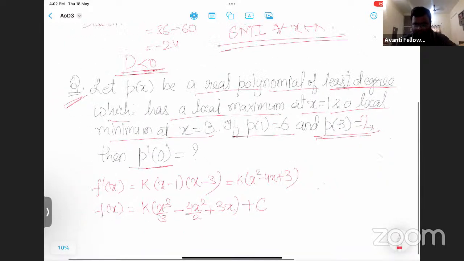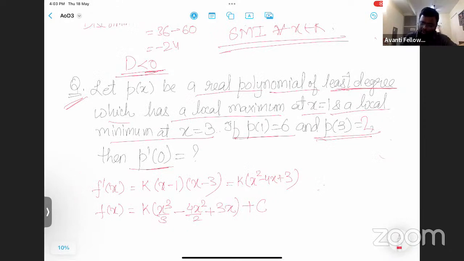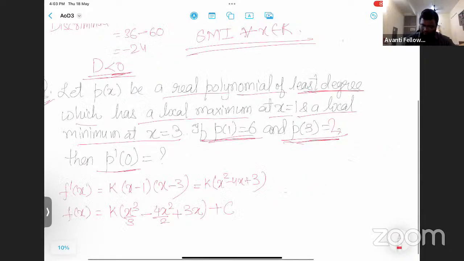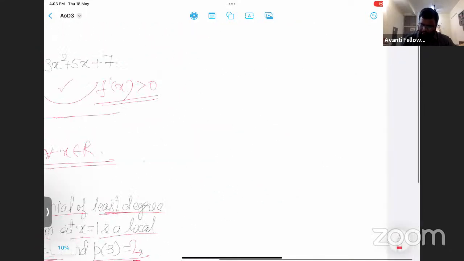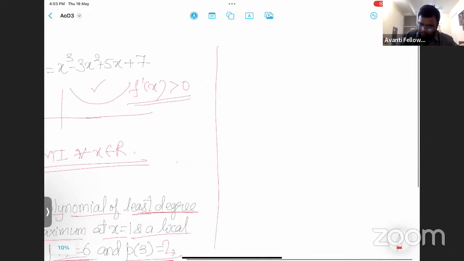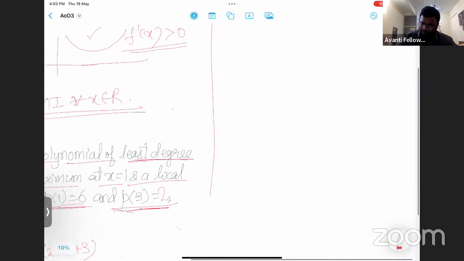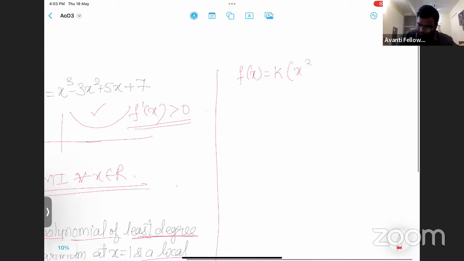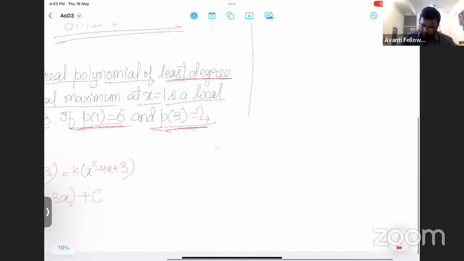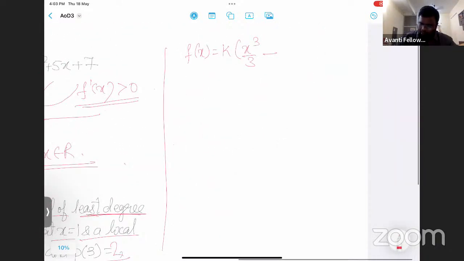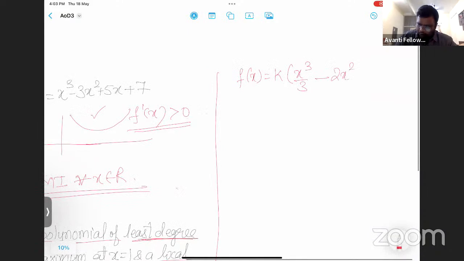Is it clear? Now we'll use the two informations which are given to us to find the value of k and c. So I'll simply write here, we have f(x) is equal to k times x cube by 3 minus 4x square by 2, that is 2x square, plus 3x plus c.